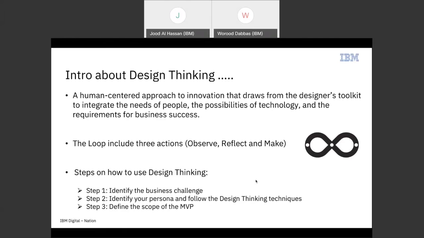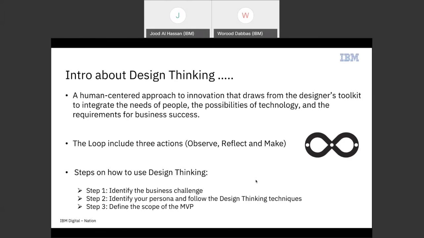So we try to make it a win-win situation where we can sell our products or solutions and make the audience, or the customer, happy with it. So design thinking helps us define what the actual problem statement is and what we are trying to solve in order to come up with the right solution for our audience.